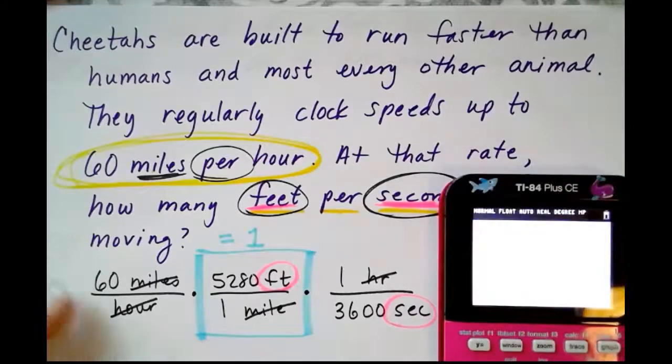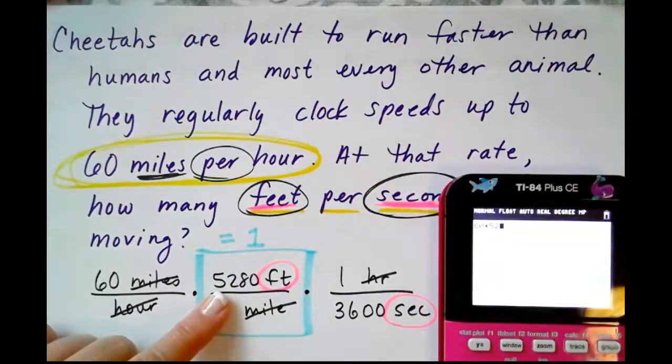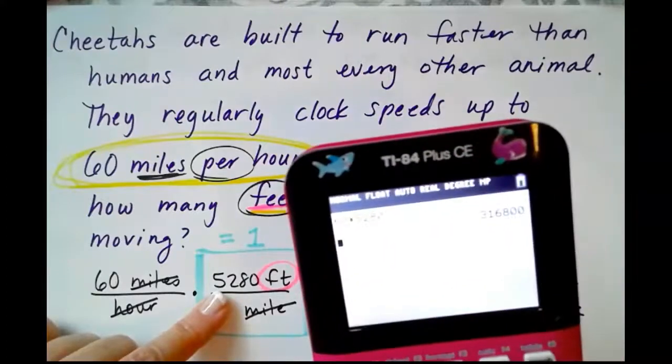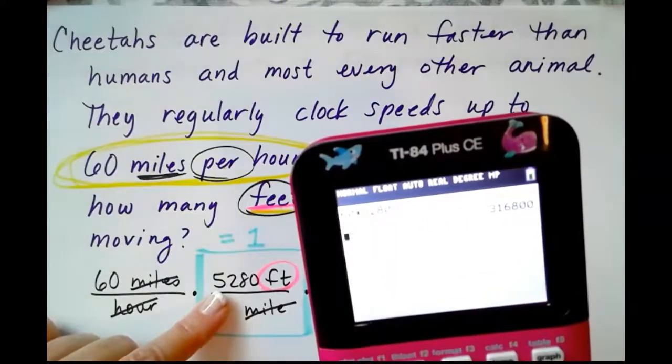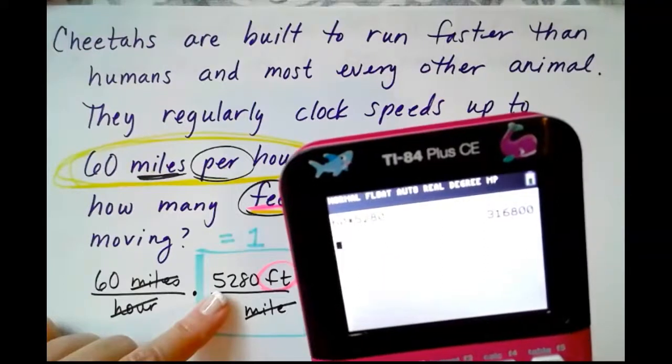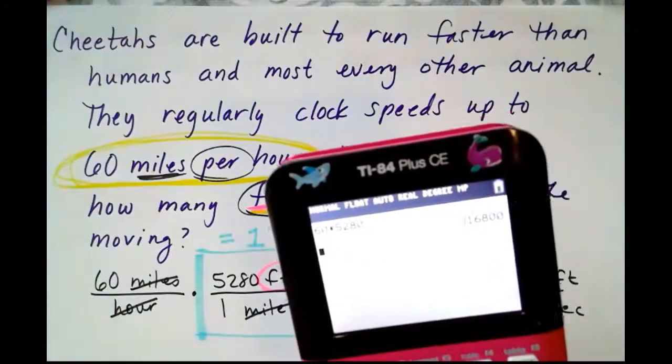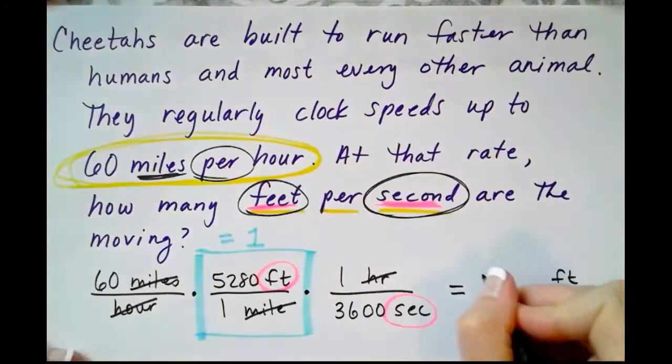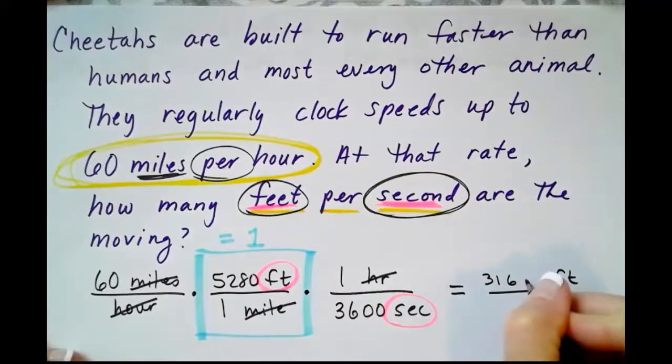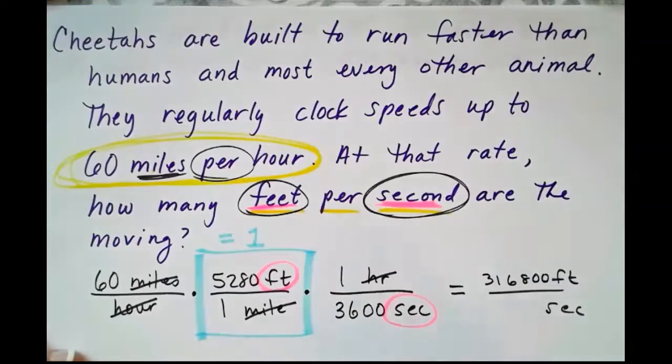So on the top, we've got 60 times 5,280, and 60 times 5,280 is 316,800. And then on the bottom, of course, all we have is 3,600.